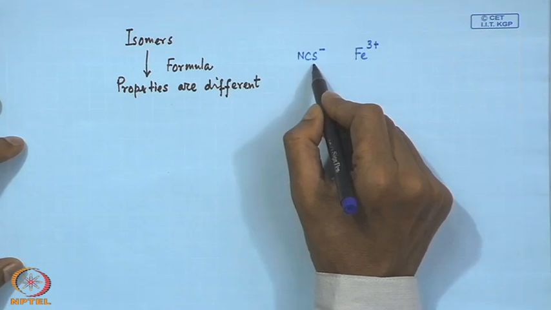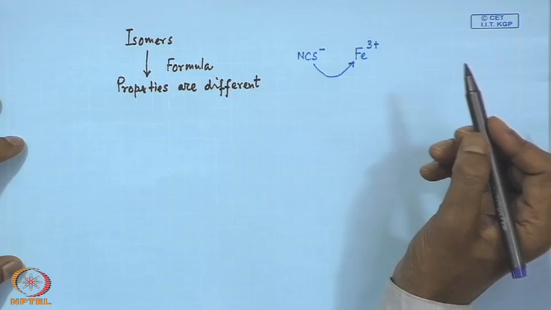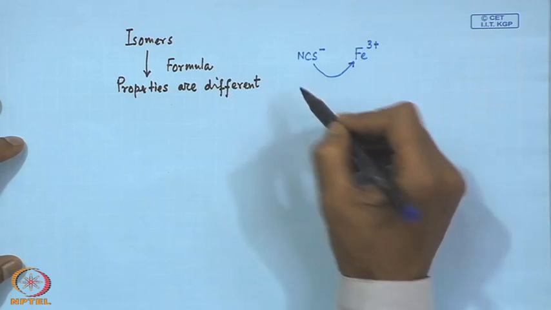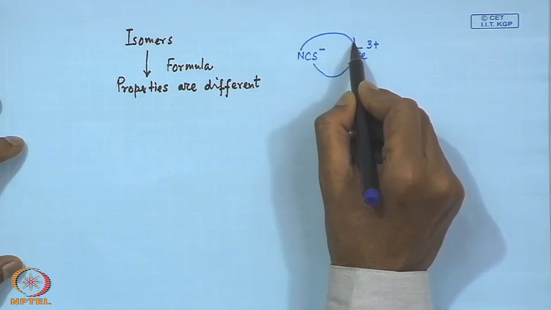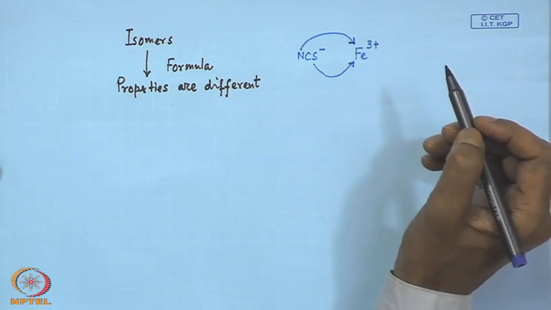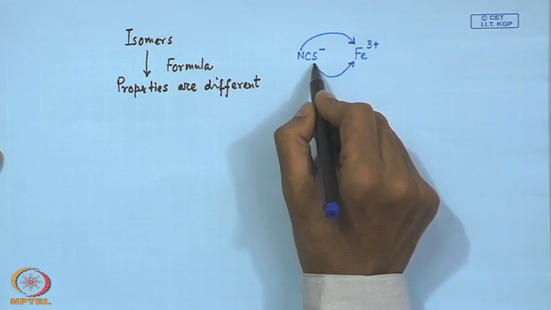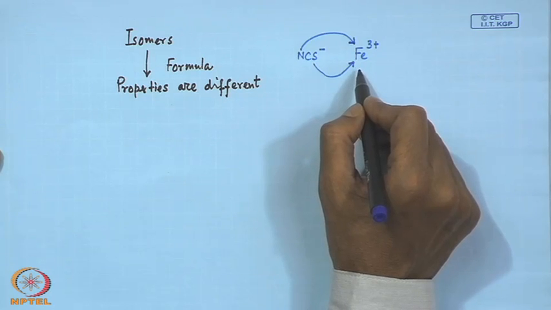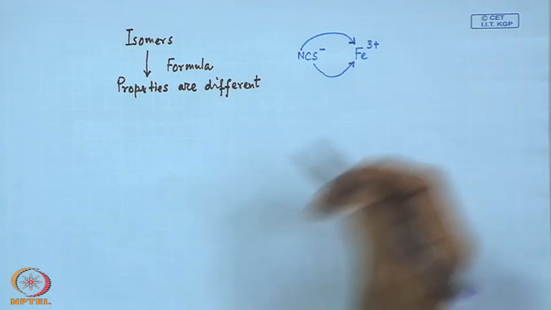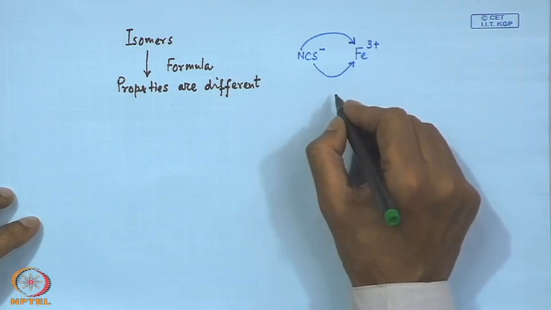If it is binding through sulfur to the iron center, it can have one type of property, but if it binds through nitrogen, it can have a different type of property, because the nature of the sulfur donor center and the nitrogen donor center are two different. So, we will consider how they can have different properties.